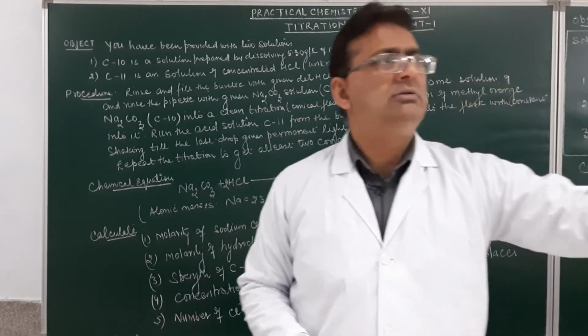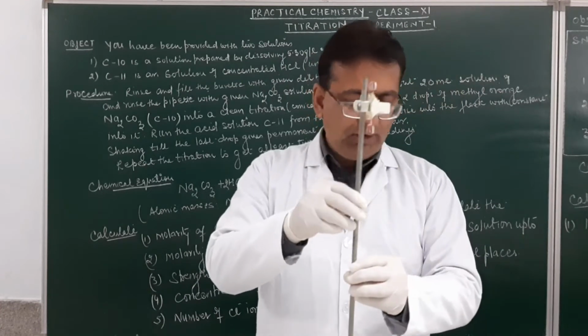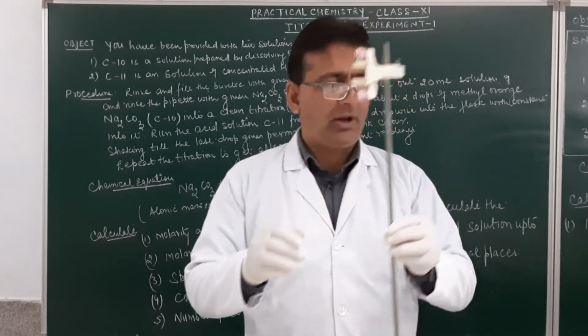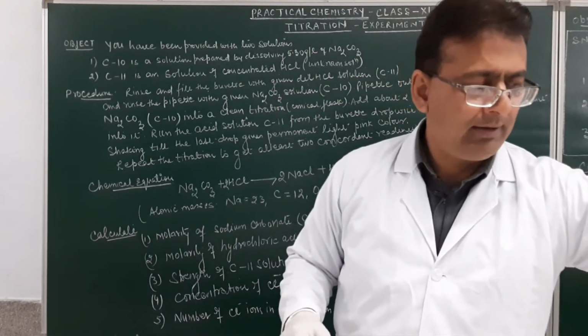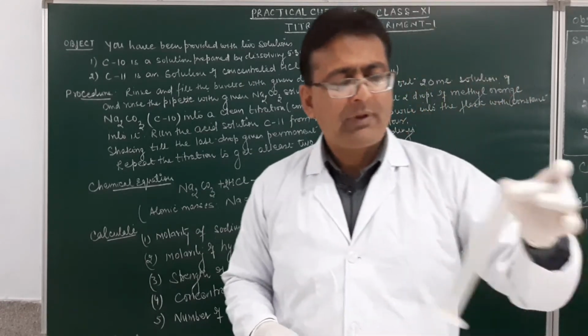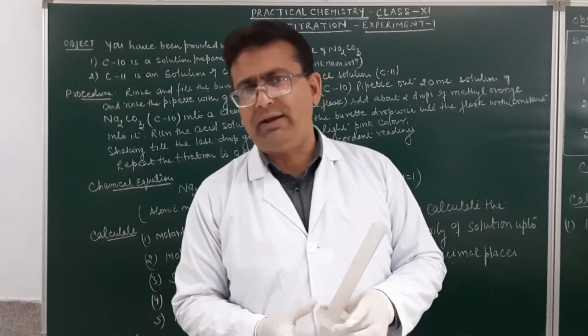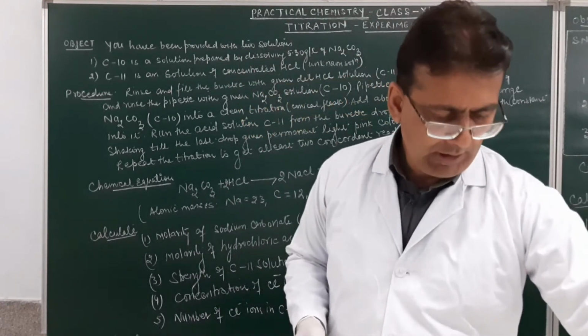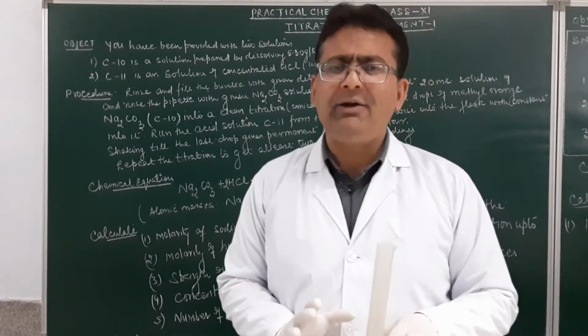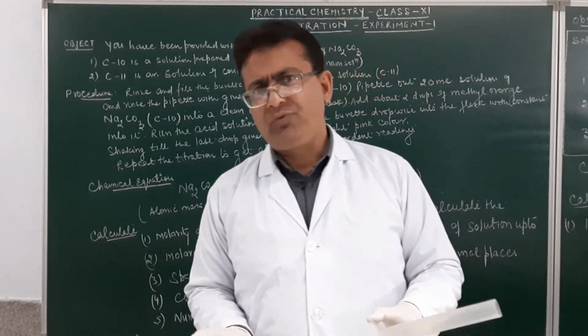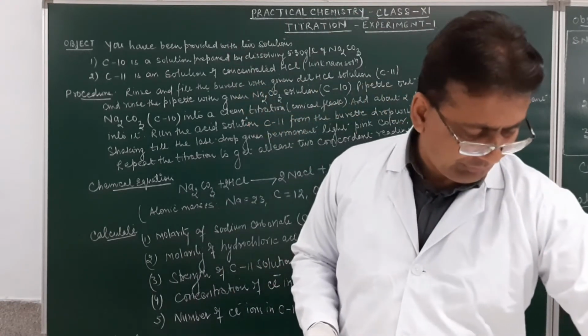And then this stand is called a clamp stand. Am I clear? Then we also have a measuring cylinder. So these are the apparatus which you will be requiring in this experiment. In fact, the measuring cylinder we have used to prepare the solutions, whether the unknown or the known solutions.